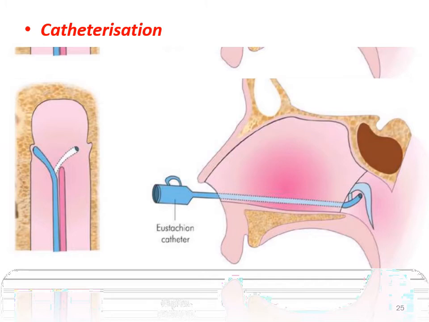It passes along the floor of the nose till it reaches the nasopharynx. After it reaches the nasopharynx, it is rotated 90 degrees towards the septum, and then it engages the posterior border of the nasal septum.